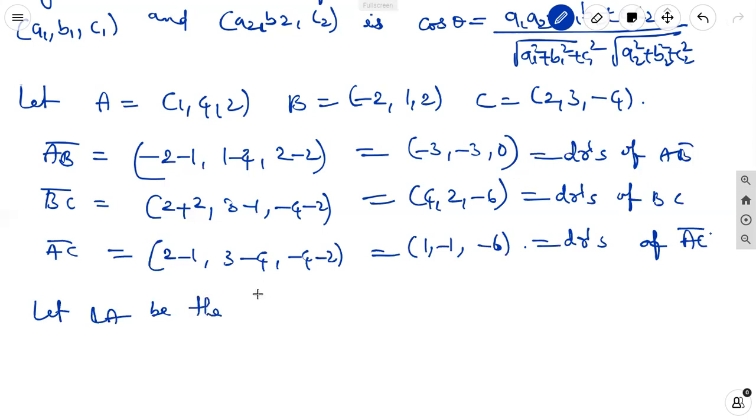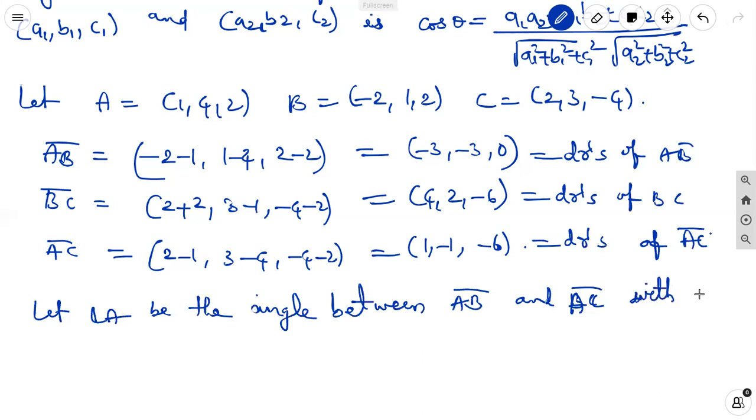Next, let angle A be the angle between AB line and AC line with the DRs (-3, -3, 0) and (1, -1, -6).